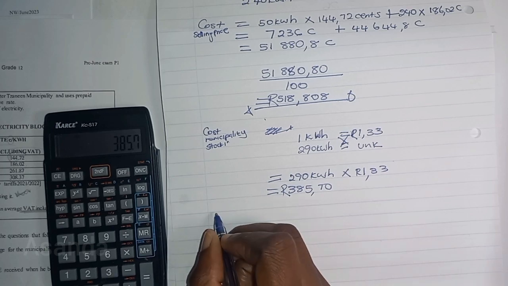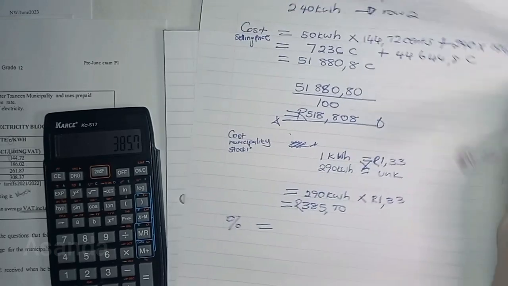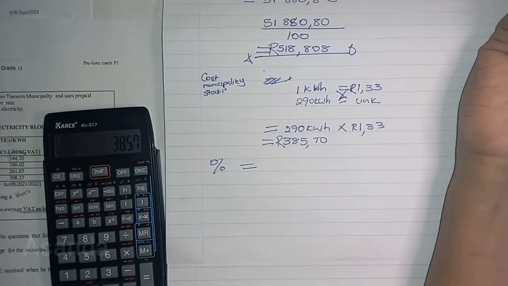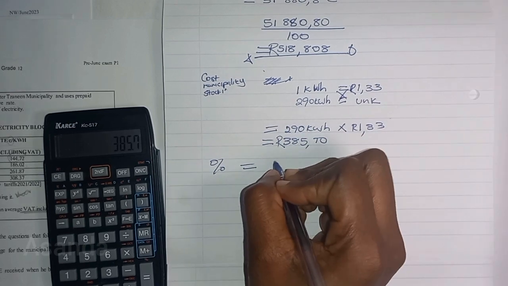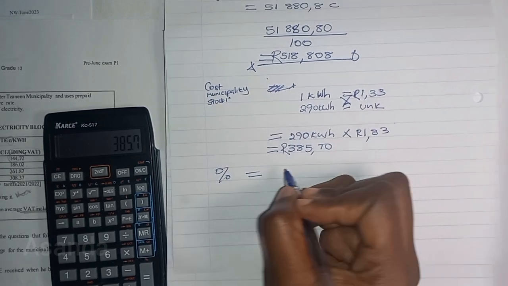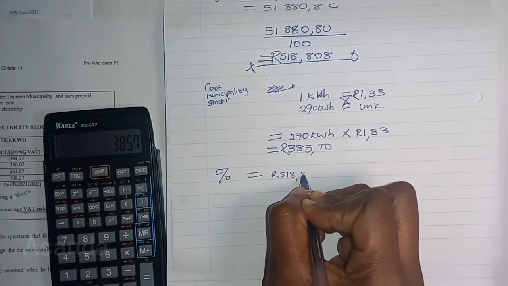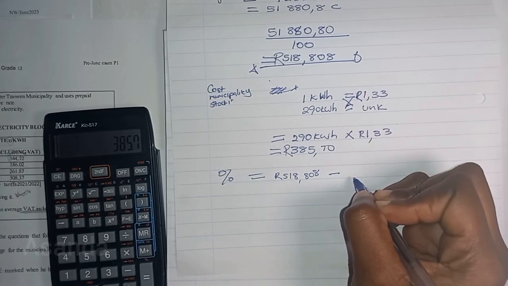And then percentage profit. As you can see, this is 6 marks. Now we can calculate the percentage profit, which is selling price, that is 518.808, minus cost price. Make sure you copy the formula first.